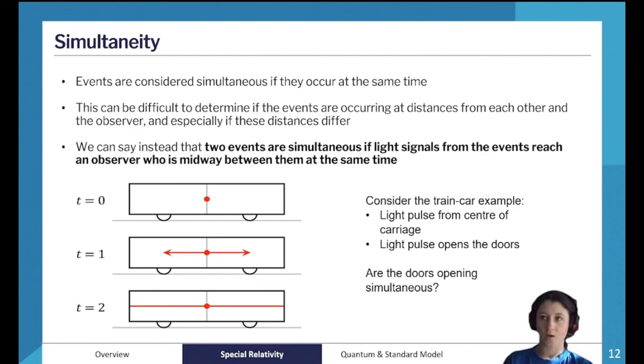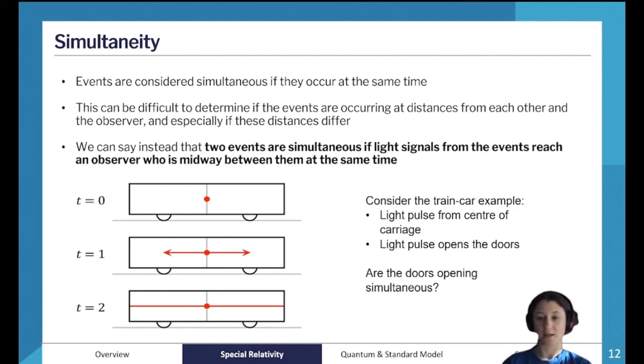So, this light on the train carriage paradox is one that's touched on by Einstein. Well, let's have a look at it here. Say we have a carriage which is stationary here, and we have light originating from the middle and then going out, and as you can see, it hits the end of the carriage at the same time.